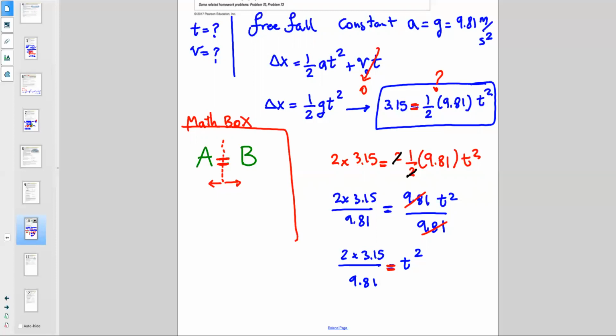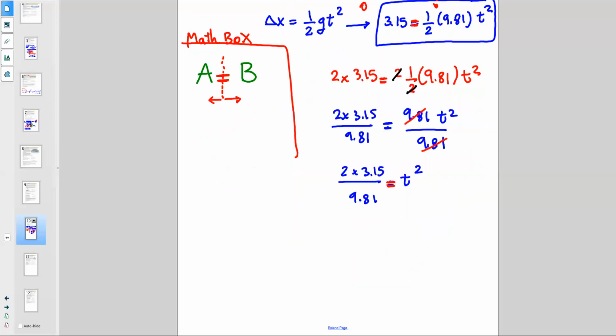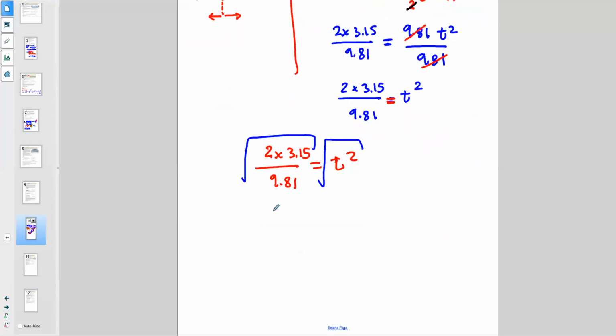Now what I can do is put everything under a square root. So I have 2 times 3.15 divided by 9.81 equals t squared. Whatever you do to the left-hand side, you do to the right-hand side. On the left, you have the square root of 2 times 3.15 divided by 9.81.